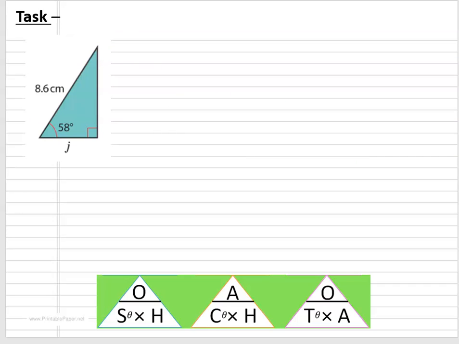Okay, so this one here, again, label our sides, H and A. So cover up A, we're multiplying again. A equals cos of the angle multiplied by H. So A equals cos 58 multiplied by 8.6.